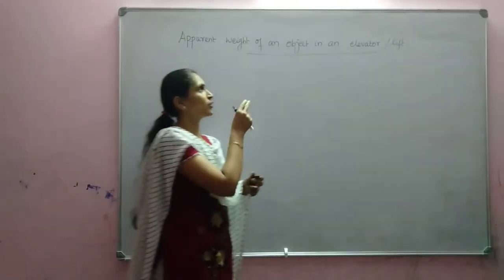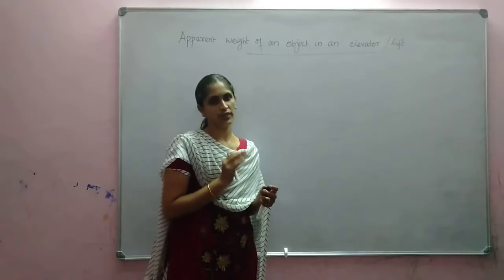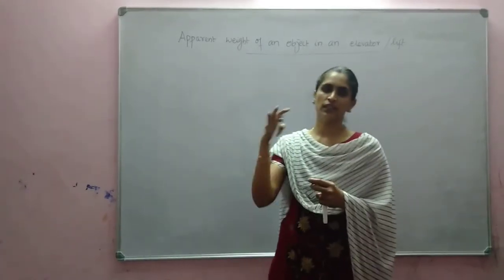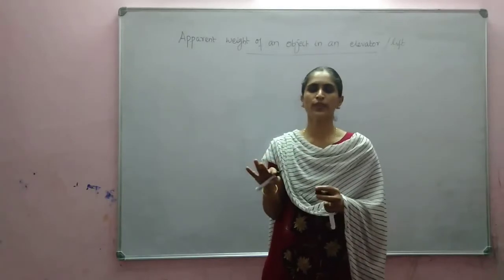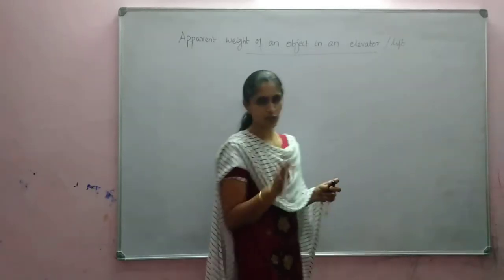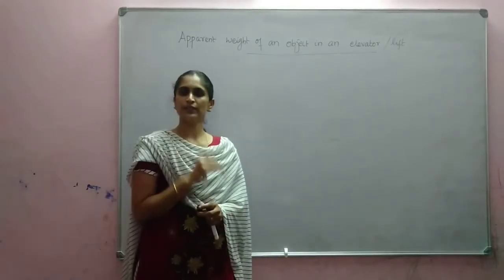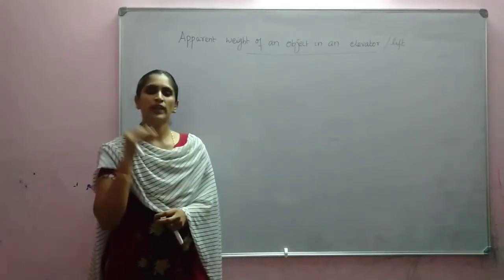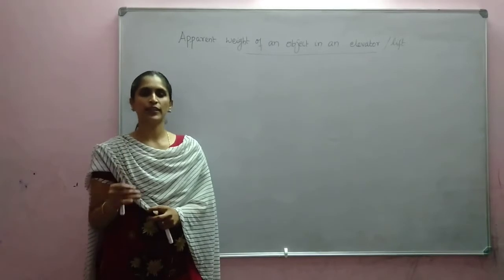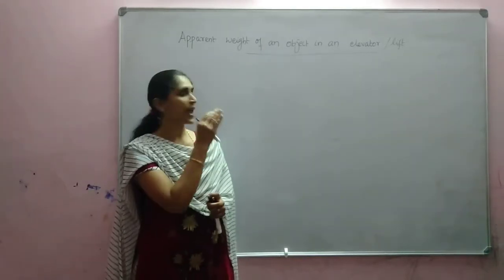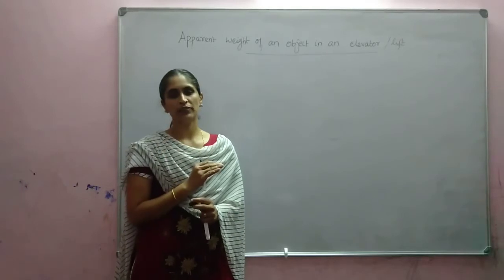Apparent weight of an object in an elevator or lift. So here, in the normal situation, apparent weight will be equal to the actual weight. But if a person is in a lift, and if the lift is moving upward with some acceleration or moving downward with some acceleration, the actual weight and apparent weight will be different.